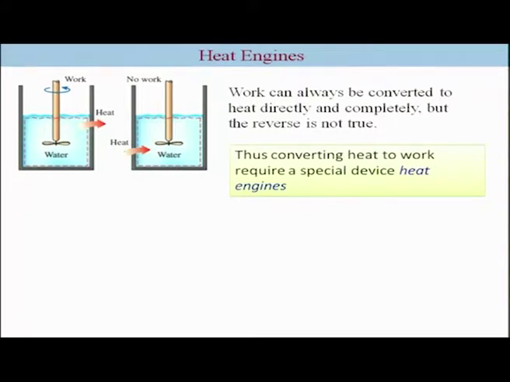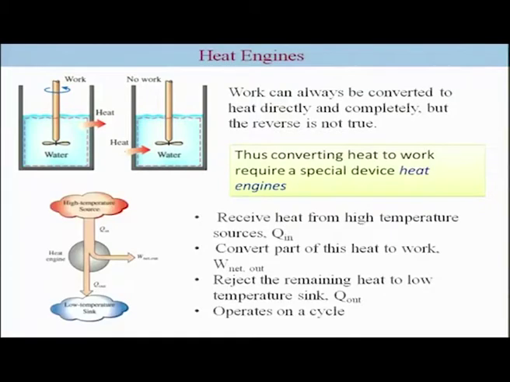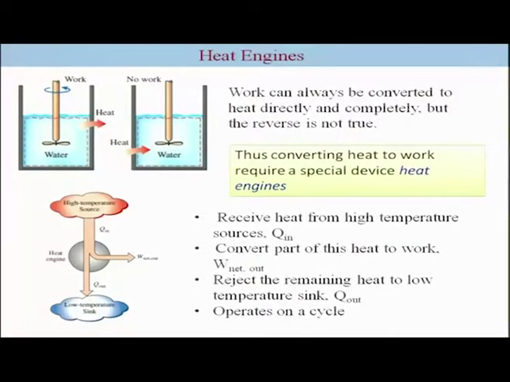In order to convert heat to work, a special device has been developed, which we call a heat engine. Let me quickly go through the heat engine concept. A heat engine basically consists of many devices within this circle, and it operates on a cycle. It receives heat from a high temperature source, Q in, converts a certain part of that into W net out, and rejects a certain amount to a low temperature sink in order to have a complete cycle.